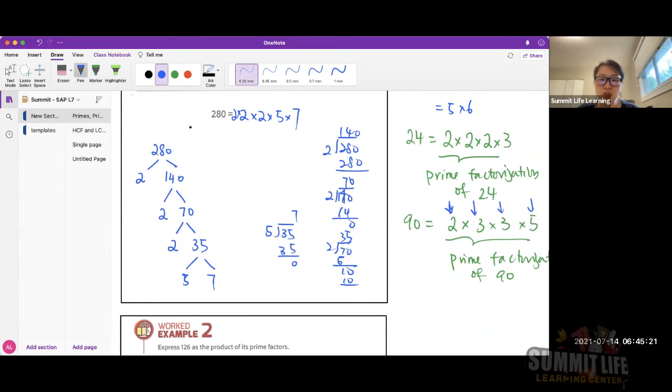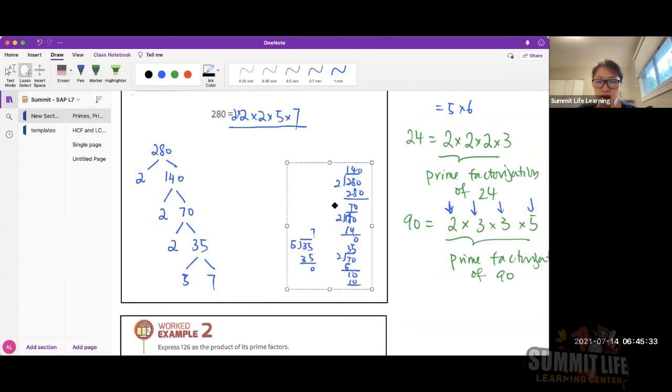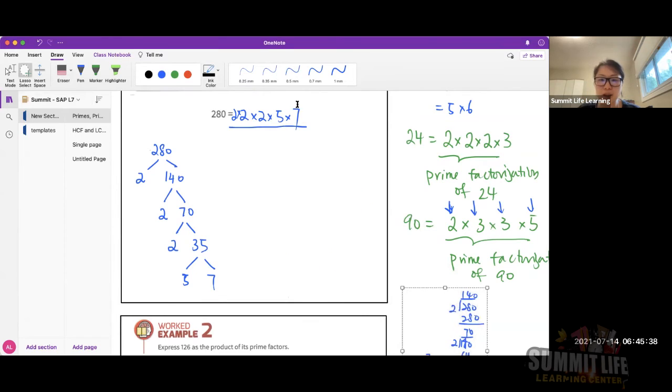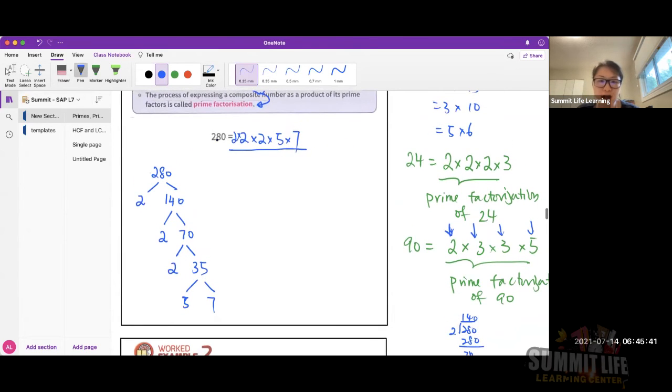So how are we going to write to obtain this expression? For all the divisions here, you will see that they all have remainder 0. So we don't want to separate the division into so many steps. We want to group them and simplify our division. First, we decompose it to be 2 times 140. Then 140 you can switch to 2 times 70.